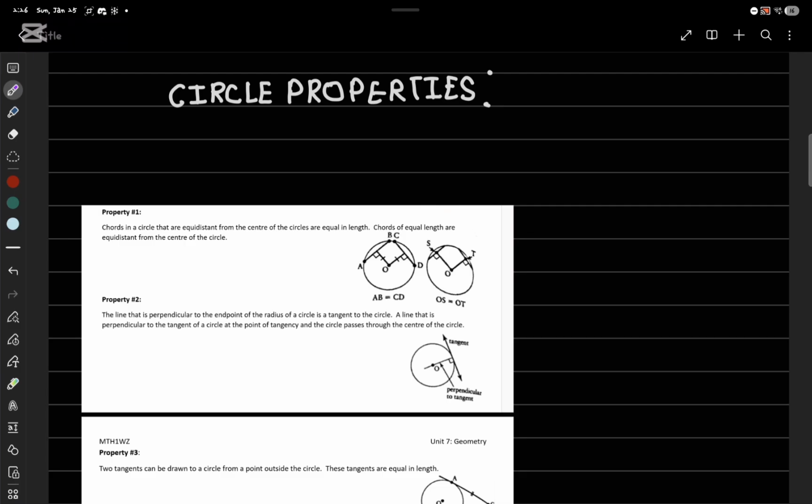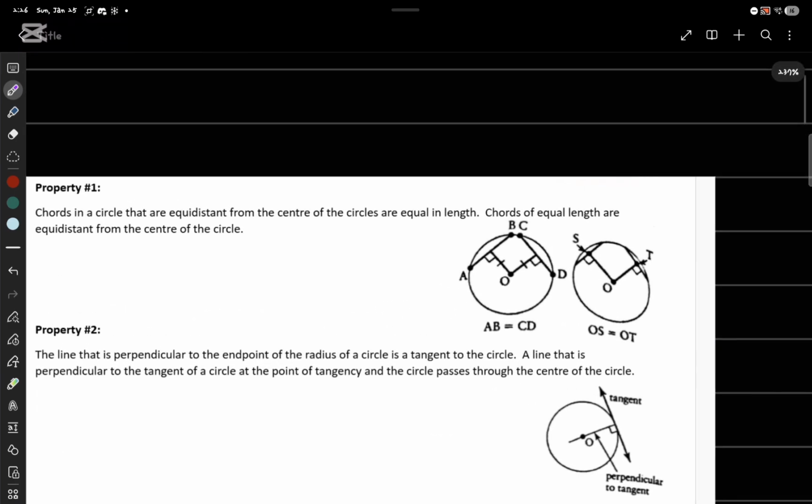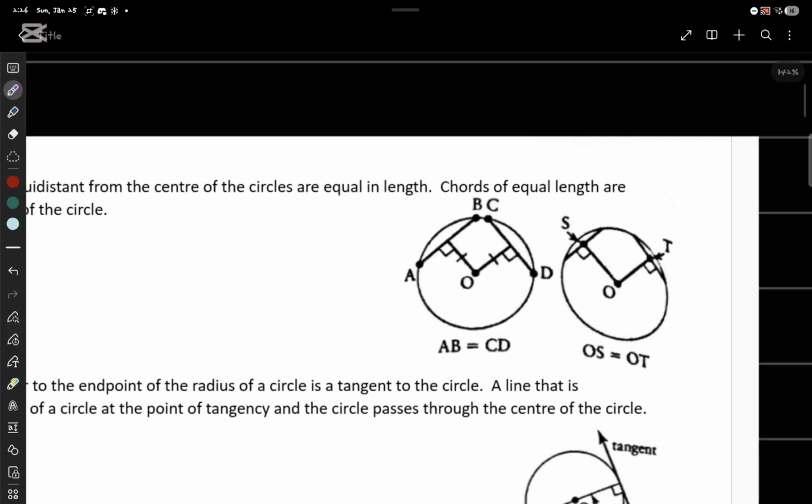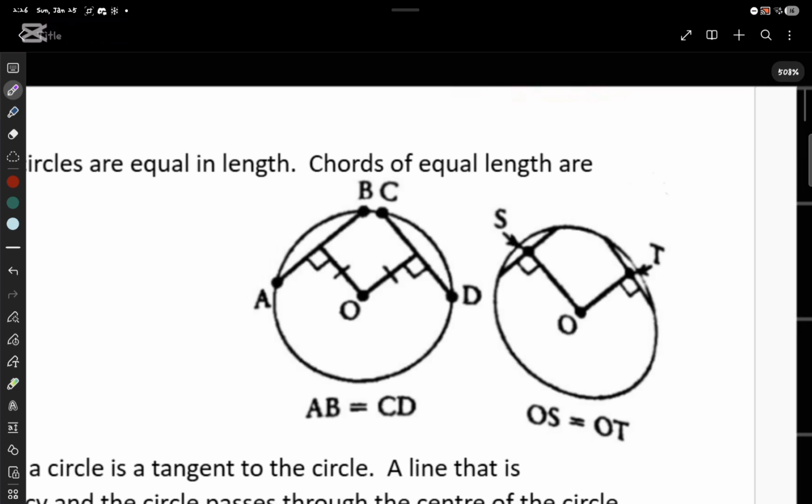So the first property states that chords in a circle that are equidistant from the center of the circle are equal in length. Chords of equal length are equidistant from the center of the circle. What this means is that we have the center of the circle, O here.